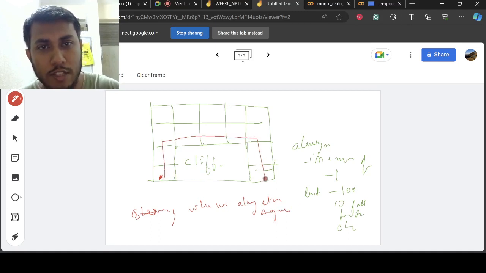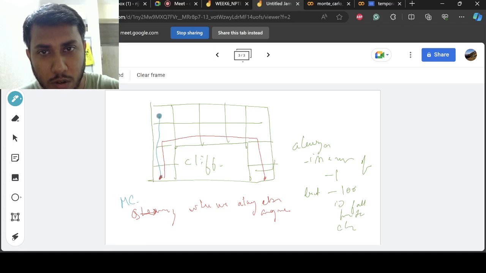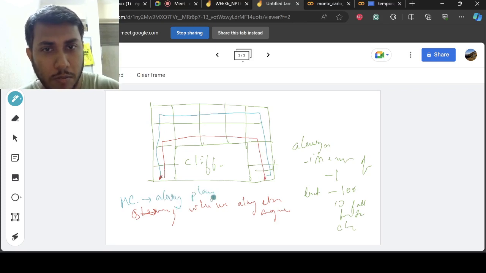It will take the shortest path found from the simulation. And in your normal Monte Carlo, what will happen? It will go here and then come here. It will always play safe, right?